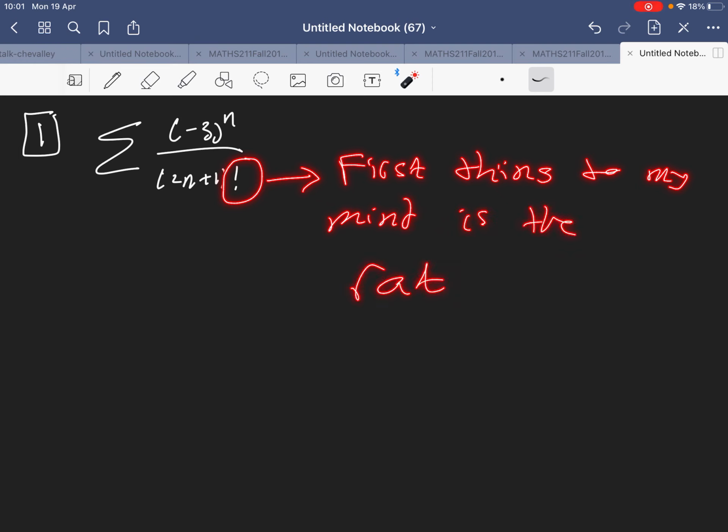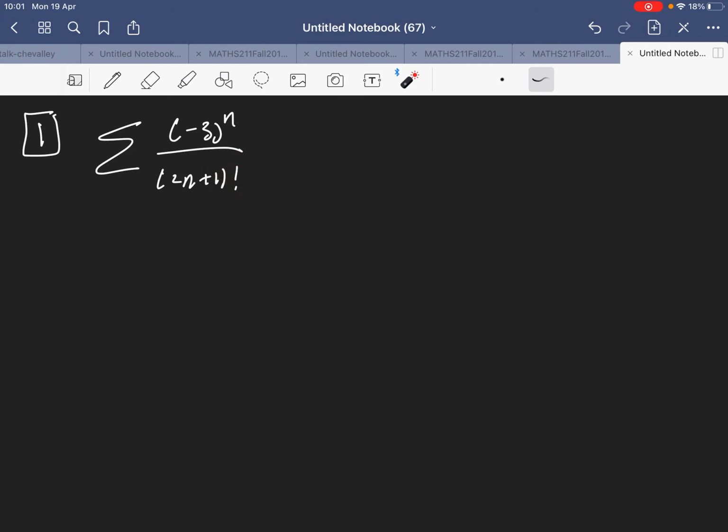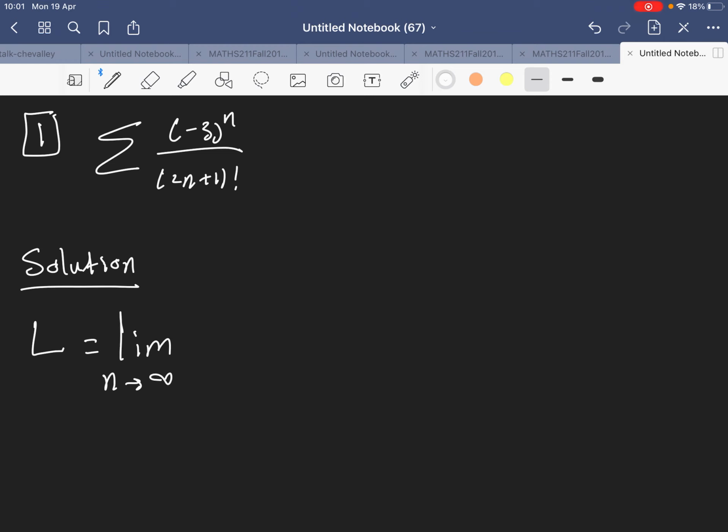Remember, we said the ratio test is ideal for these things. Okay, so we just have to find the limit. So I need to find L. What is L? It is the limit as n goes to infinity of a_(n+1) over a_n.